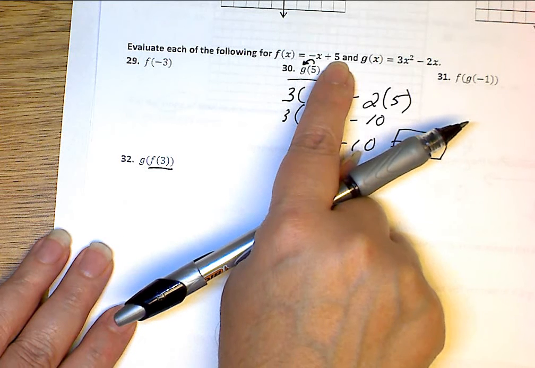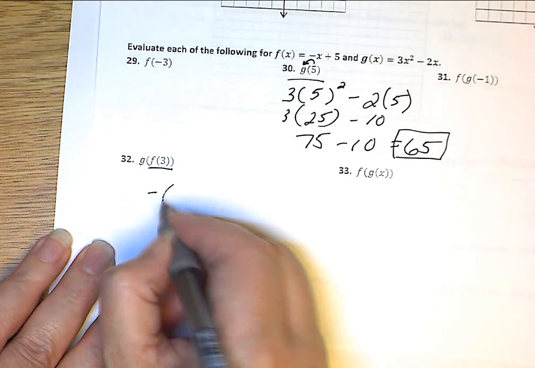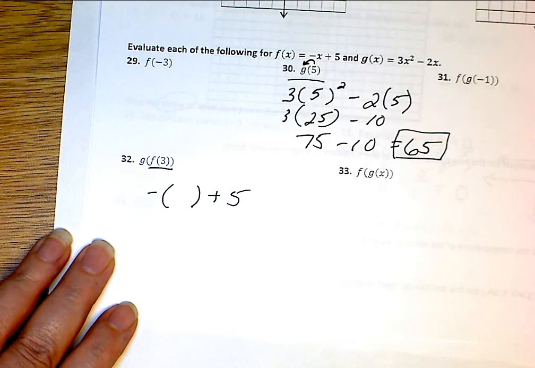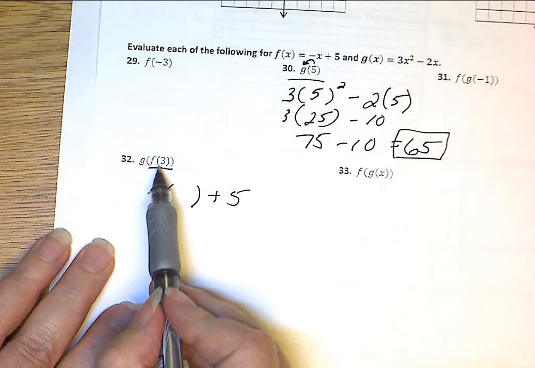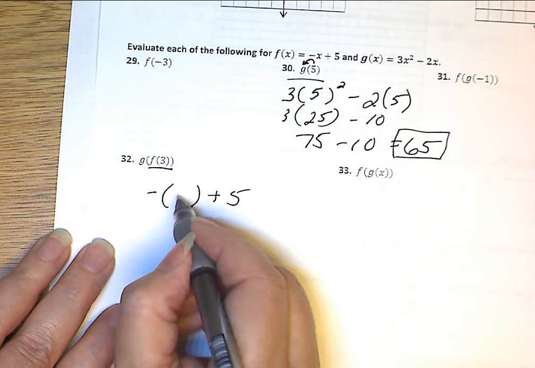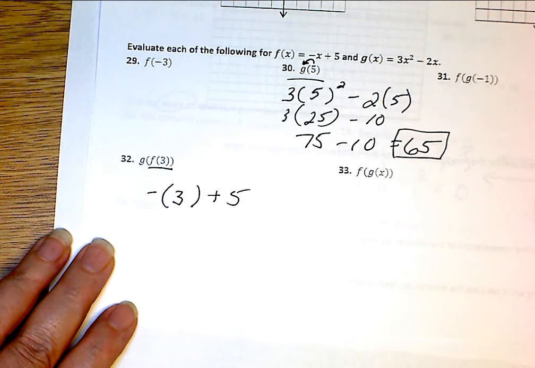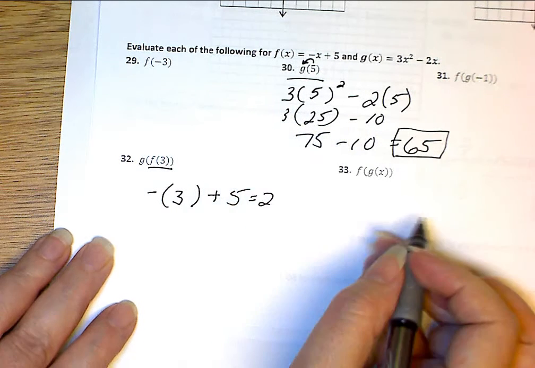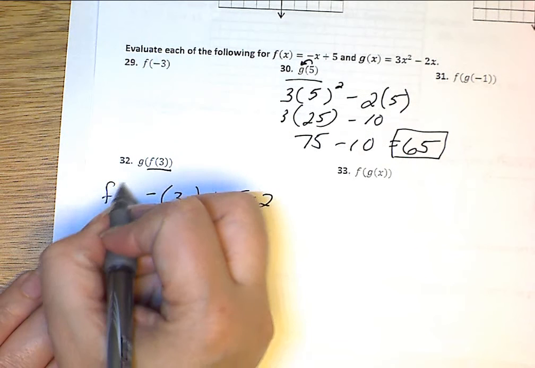So I'm going to go negative, and instead of x, I'm putting parentheses, plus 5. Then I'm going to put my 3 in where my x was. So negative 3 plus 5 gives me 2. So f of 3 equals 2.